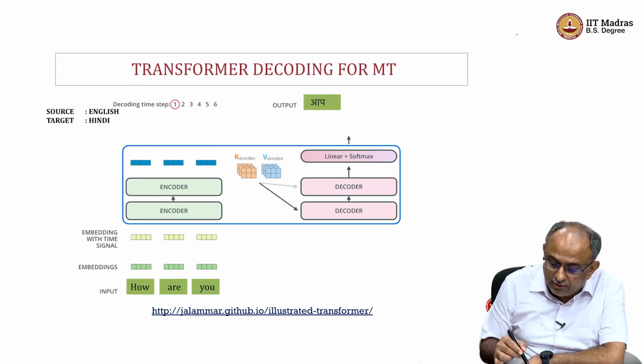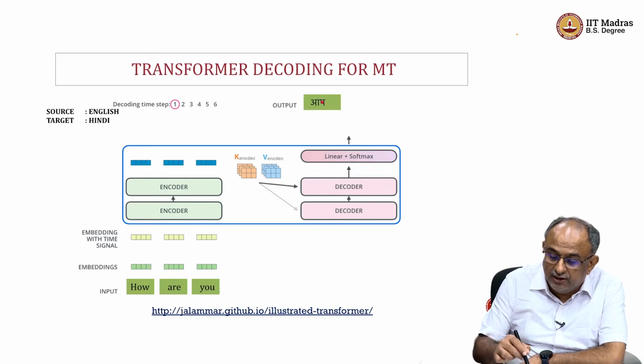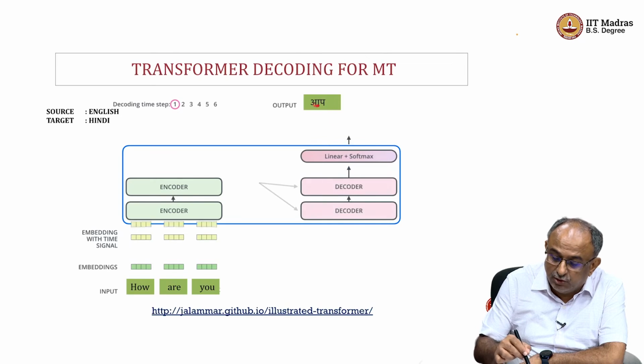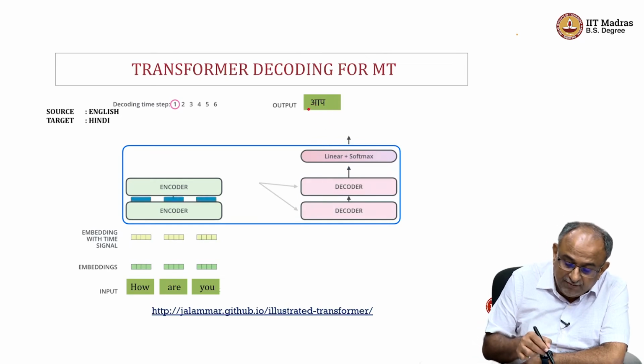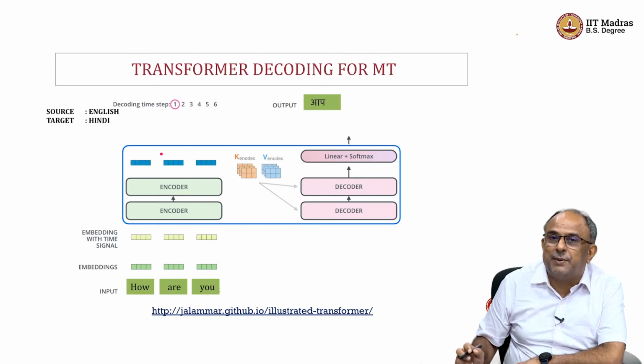While training I am going to feed all of these in parallel and generate the output. It is only while testing, that is inferencing, that one word will get generated, but even while inferencing, the encoder part is still parallelizable.